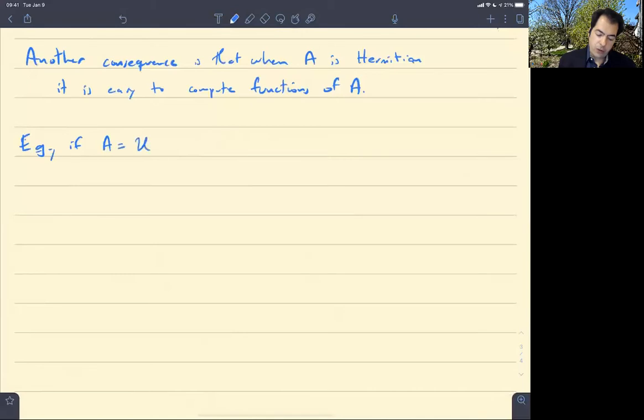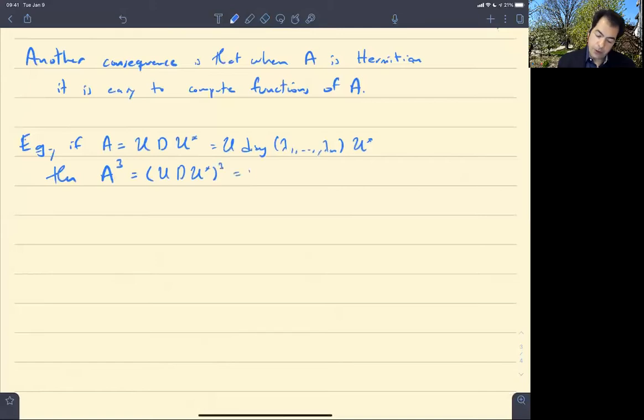So if A is equal to U D U star with D the diagonal matrix, then let's say you wanted to compute just A cubed, right? So A cubed would be just U D U star cubed, or U D U star, U D U star, U D U star, right?